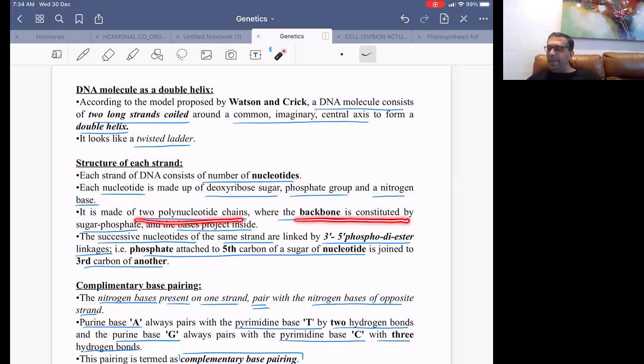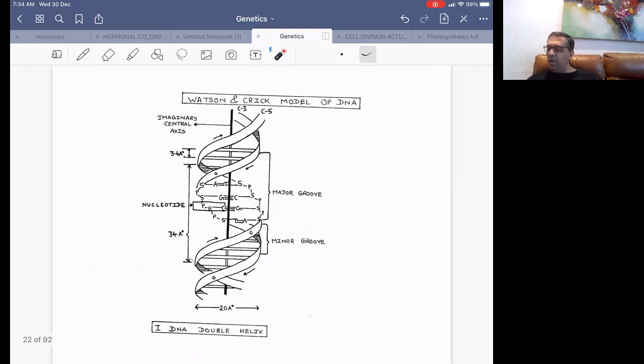The backbone is made up of sugar phosphate and the bases project inside. What is the strand made up of? The strand is made up of sugar phosphate, sugar phosphate, sugar phosphate, and the nitrogen bases are present inside. So the backbone is made up of sugars and phosphates.